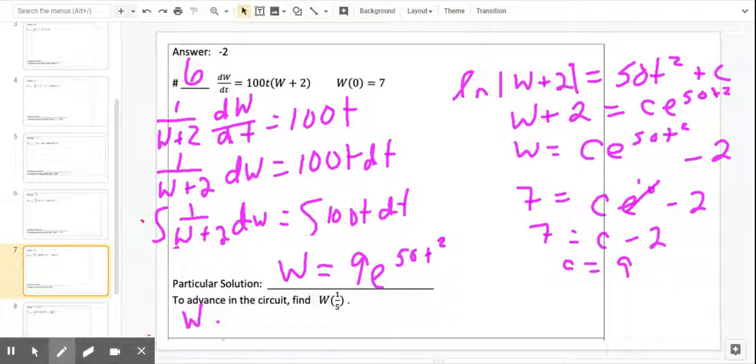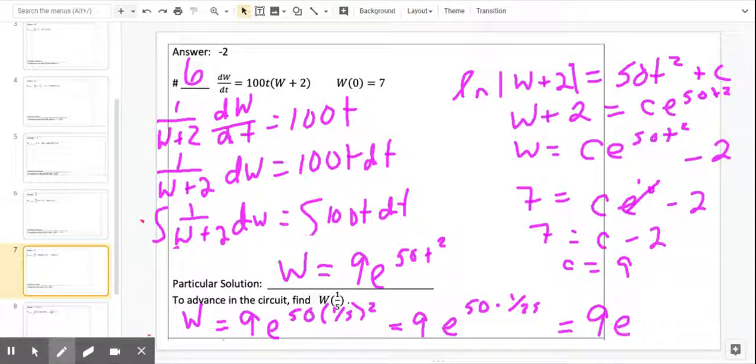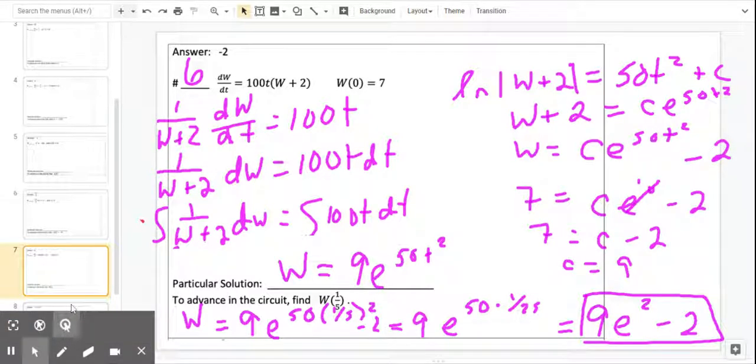So w equals 9e to the 50 times 1/5 squared, which is 9e to the 50 times 1/25, which is 9e, and then 50, sorry, I forgot the minus 2 here. 50 divided by 25 is 2, so 9e squared minus 2. Okay, and then we do find that here.